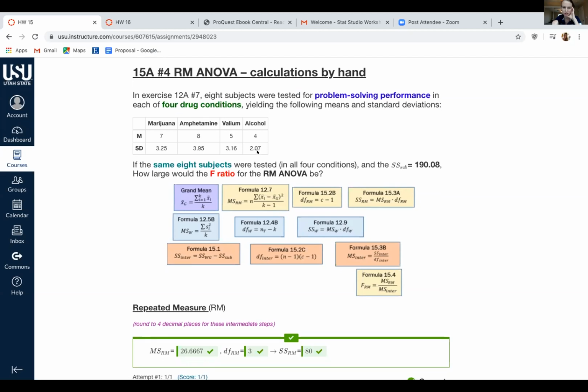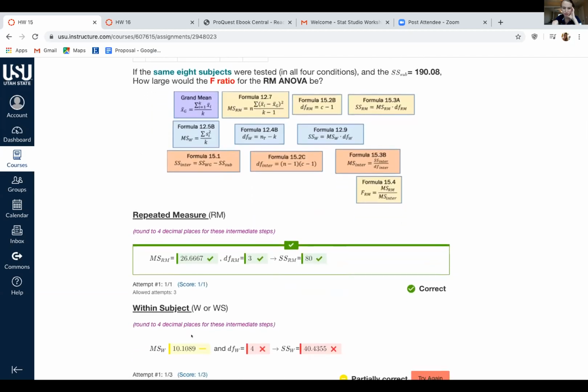Because I did the first calculation accurately. Just one more quick question: K and C, are those the same thing in this instance? K and C, yes, for a repeated measure.